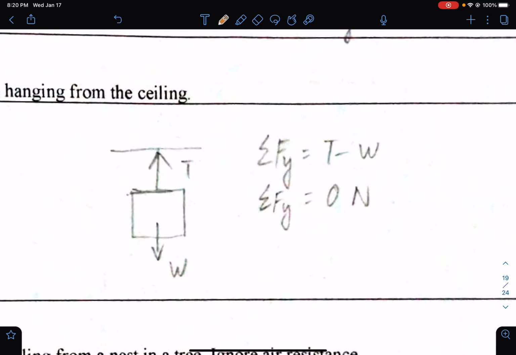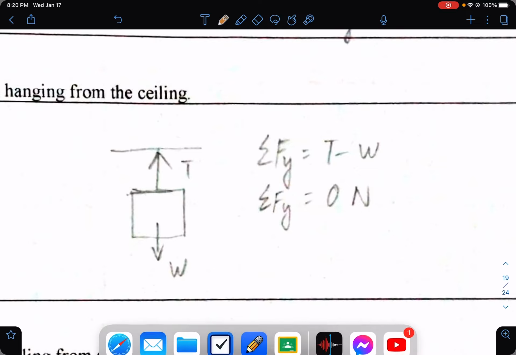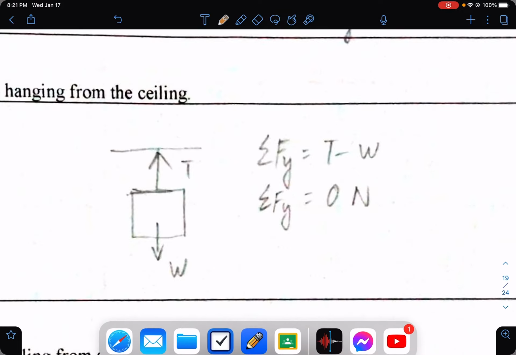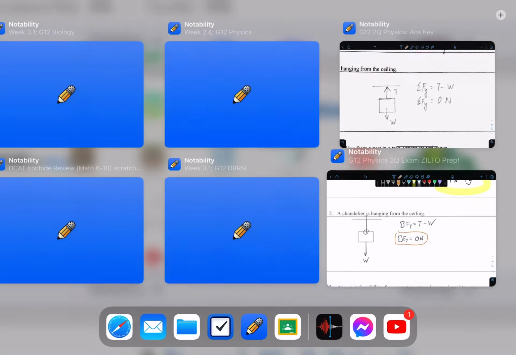If it's not 0 newtons, then it should be either falling down or, if the tensile strength is stronger than the weight, higher than the weight, then I'm not sure what it is supposed to mean.